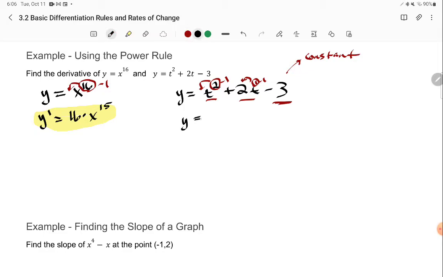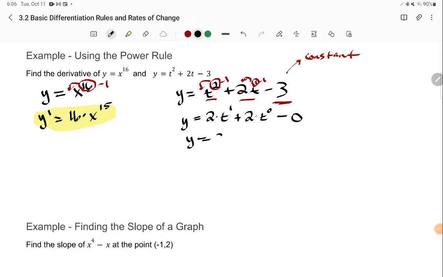So it's going to be y prime is equal to 2t, then 2 minus 1 to the first. Plus, then we apply the power rule. 1 times 2, that's 2. T, 1 minus 1, that's 0. And then this is a constant, so you could put minus 0. So now, let's go ahead and just rewrite this.